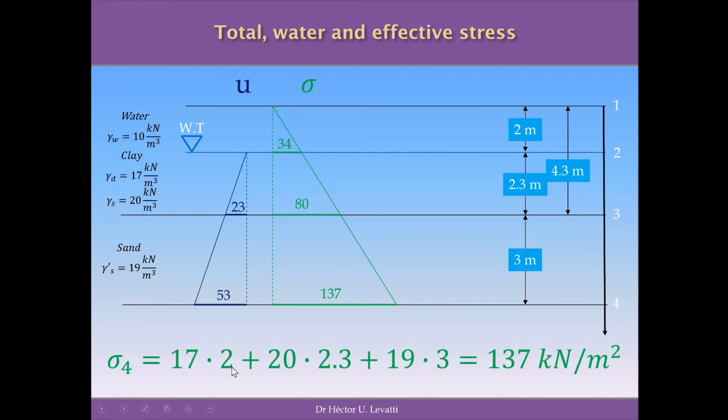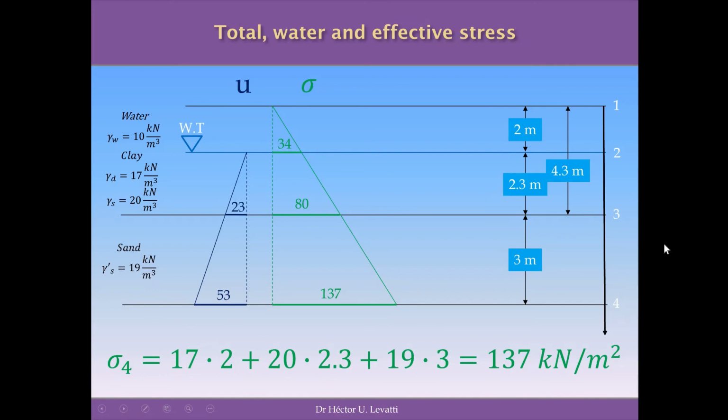This is the weight or the pressure produced by the dry clay. 20 times 2.3 is the wet clay, plus 19 times 3, which is the weight of the sand on top of point 4. At point 4, then, we have 137 kilonewton per square meter of total pressure.